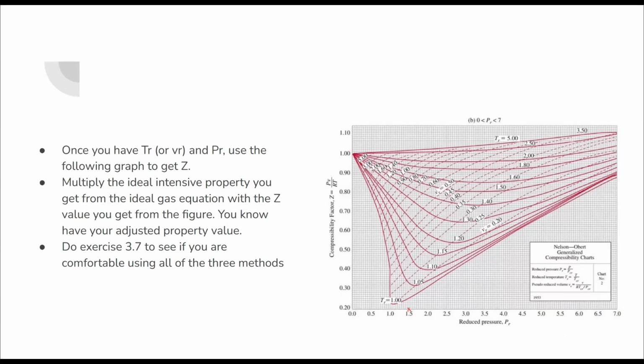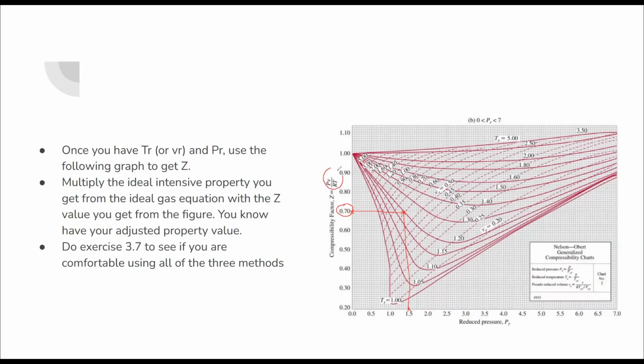And let's take a TR value, which you see goes from 1, 1.05, 1.1, 1.15, 1.20, etc. Let's say you found that TR is 1.20. You go all the way up, you hit the TR line right here, you go horizontal, and you get your Z value of 0.7.